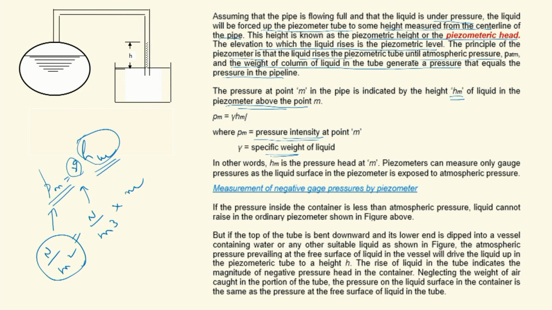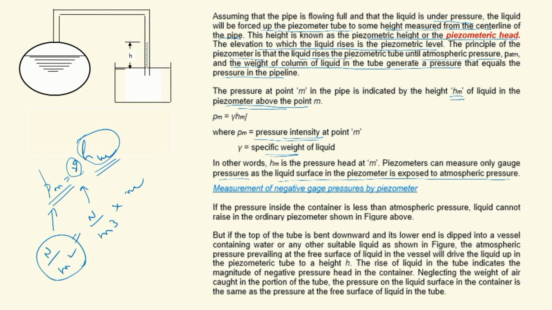Piezometers can measure only gauge pressures as the liquid surface in the piezometer is exposed to atmospheric pressure. Okay, you can say piezometers can measure only gauge pressures because the liquid surface in the piezometer is exposed to atmospheric pressure. Now, can you use a piezometer to measure negative gauge pressure? Suppose the pressure in the vessel is below atmospheric.